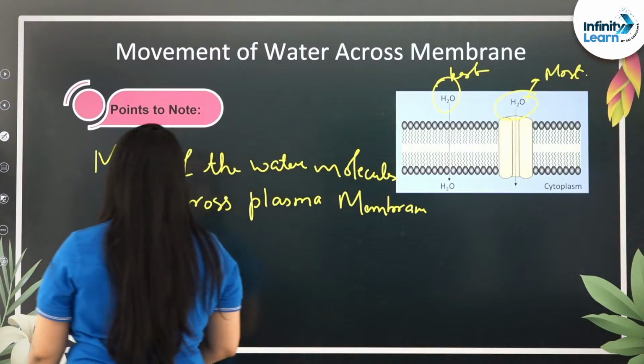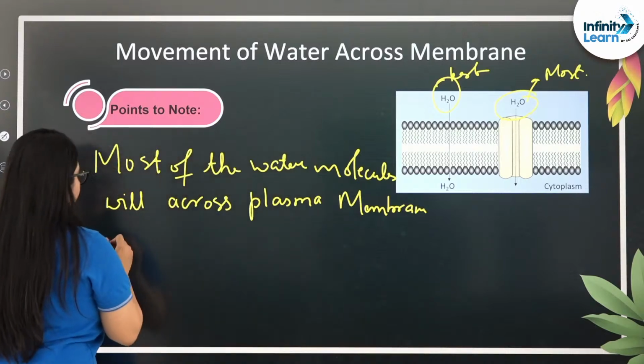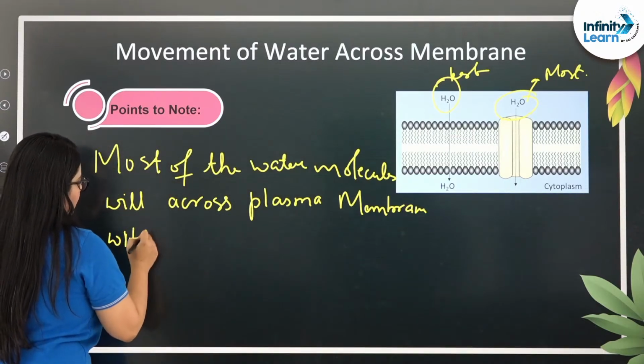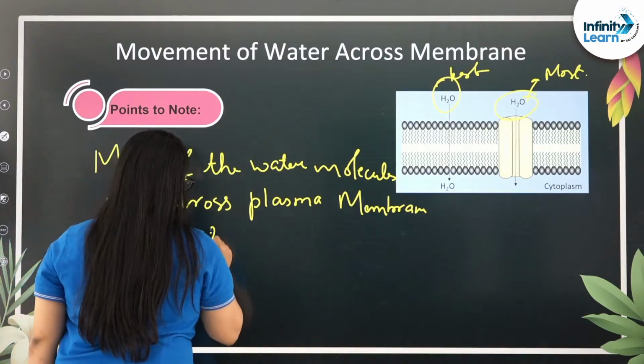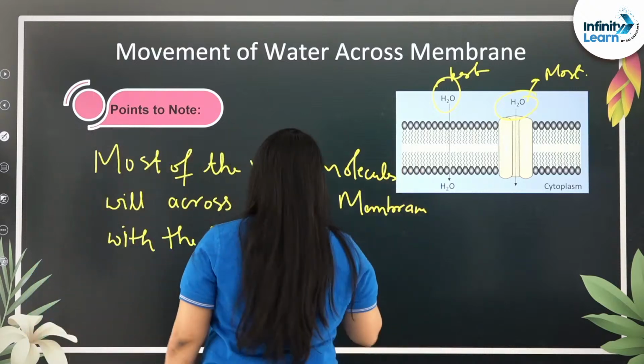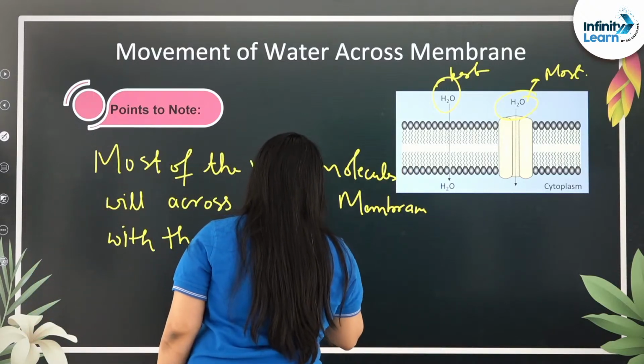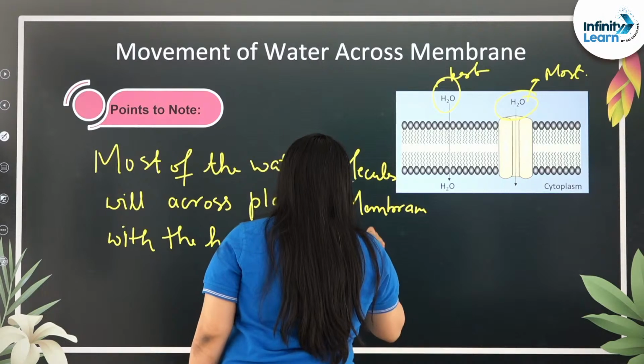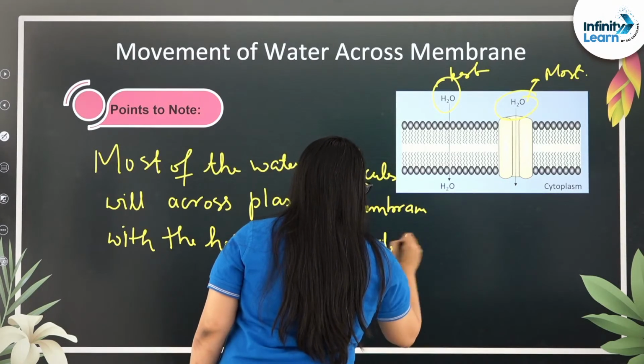So most of the water molecules will cross the plasma membrane with the help of facilitated diffusion.